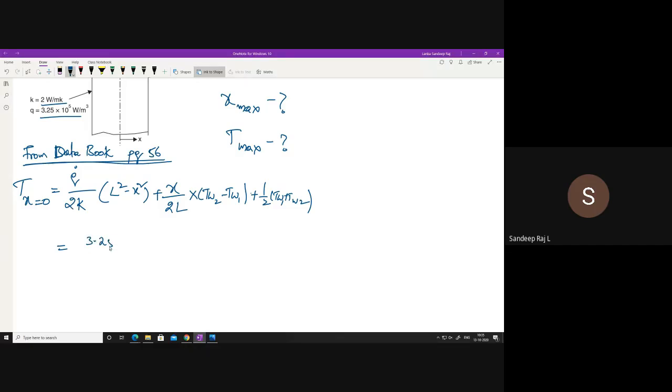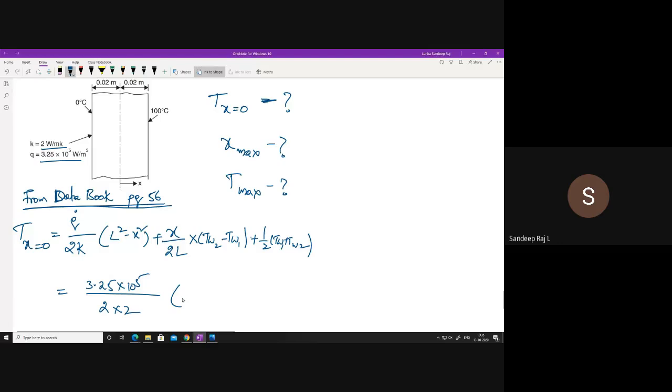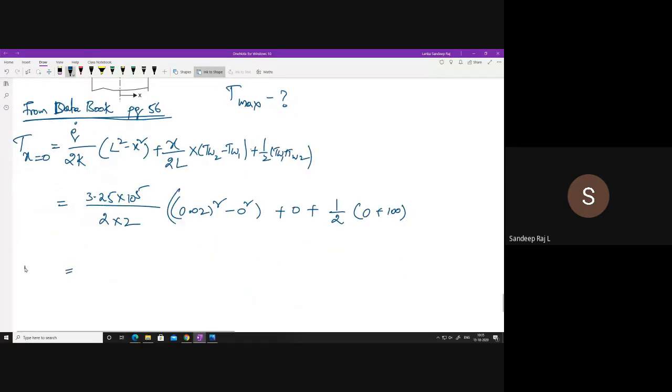This is the formula for the temperature at x is equal to 0. It is 3.25 into 10 to the power of 5 by 2 into 2 into L, the L value is 0.02 in the question, squared minus 0 square plus 0. This whole thing will become 0. I'm not writing the remaining thing. Half of 0 plus 100. Substitute and get this value. So T at x is equal to 0 is 51.3 degrees centigrade. Let me check it.